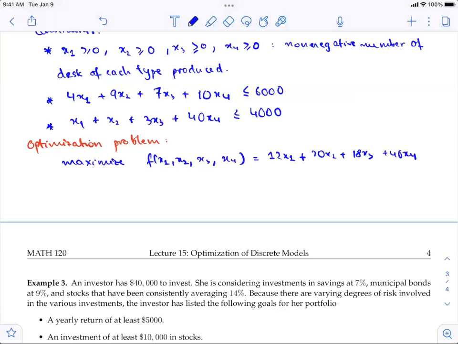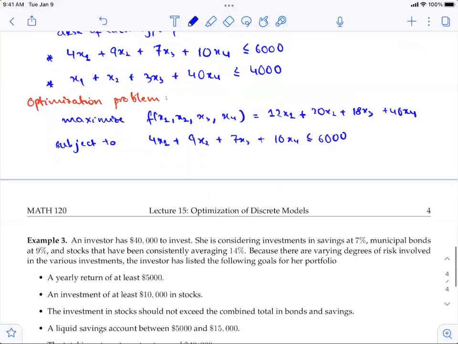All right, subject to 4x1 plus 9x2 plus 7x3 plus 10x4 less than or equal to 6,000, and x1 plus x2 plus 3x3 plus 40x4 less than or equal to 4,000.